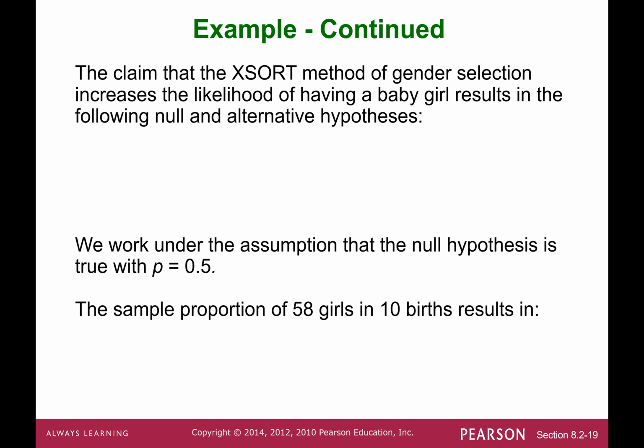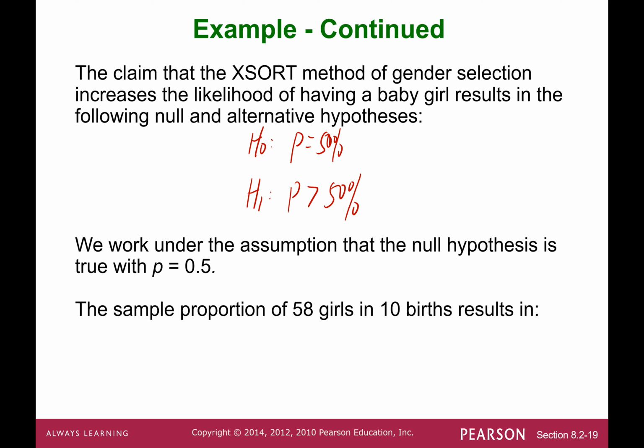So the claim that the XSORT method of gender selection increases the likelihood of having a baby girl results in the null hypothesis H0: p equals 50%, and the alternative hypothesis H1: p is greater than 50%.